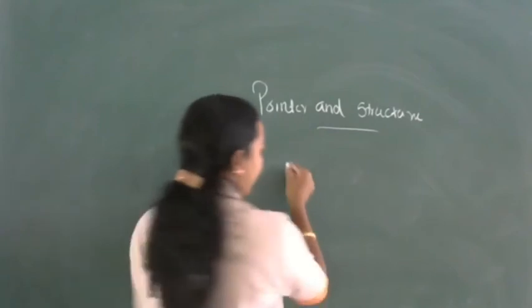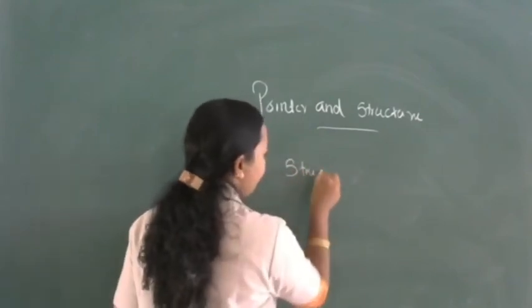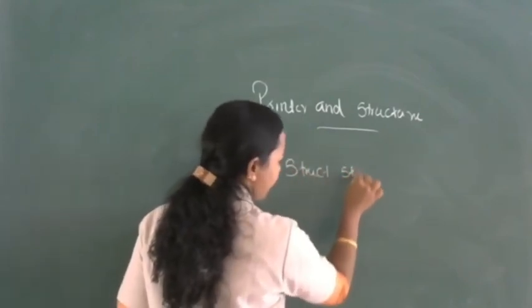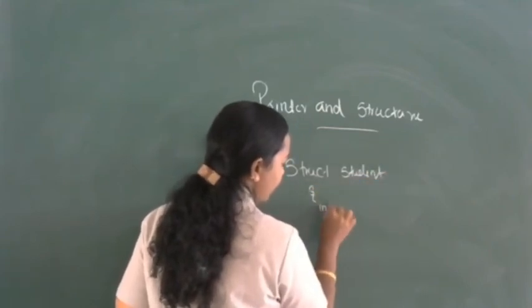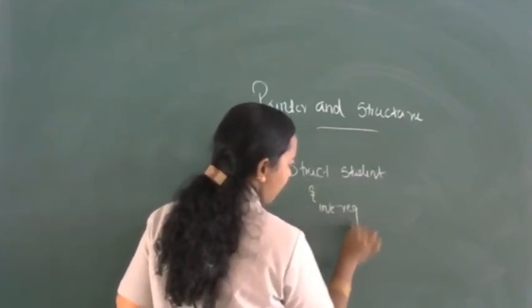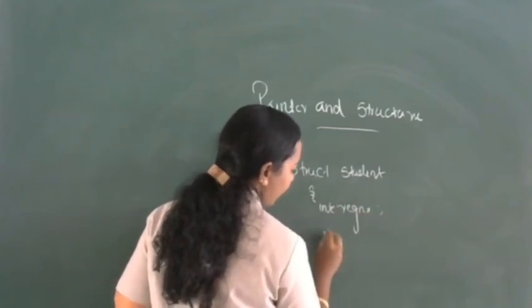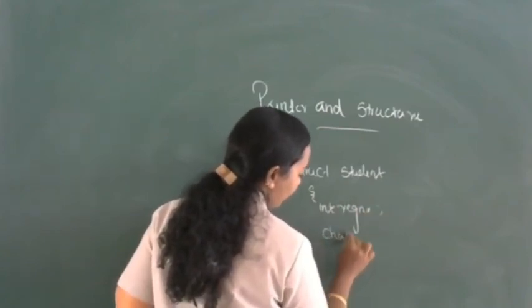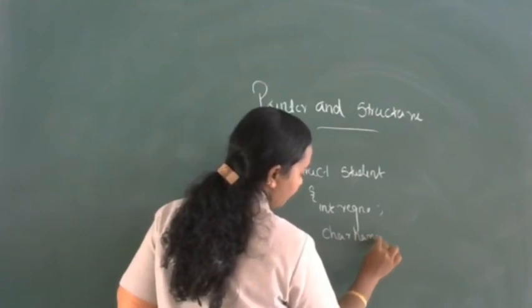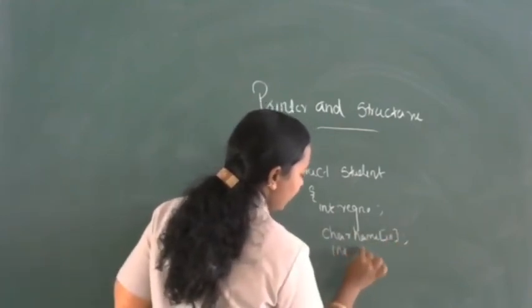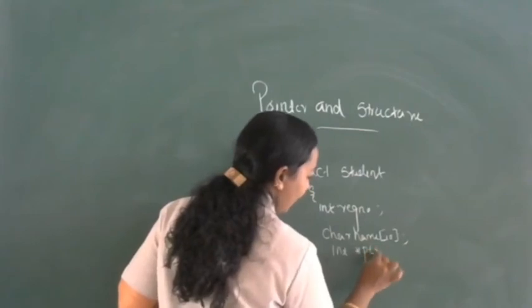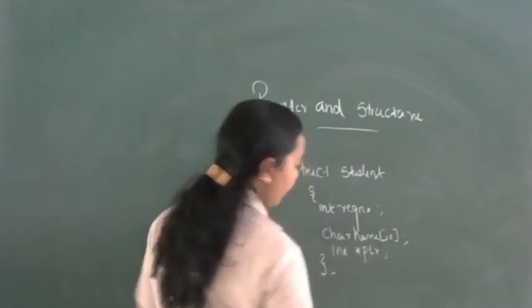So we can write like this: struct student, open the bracket, int register number, then char name, then int star ptr, then close the bracket, semicolon.